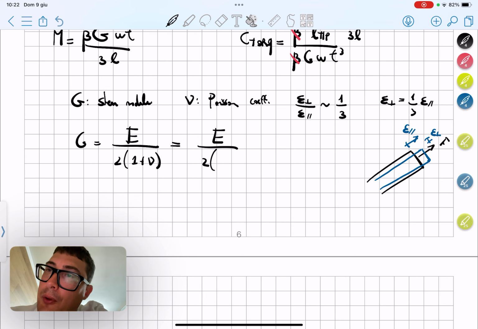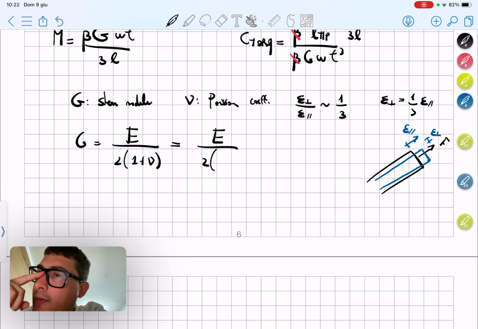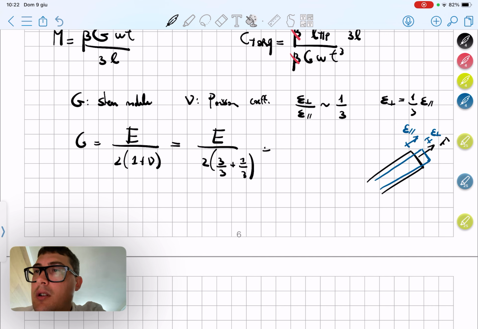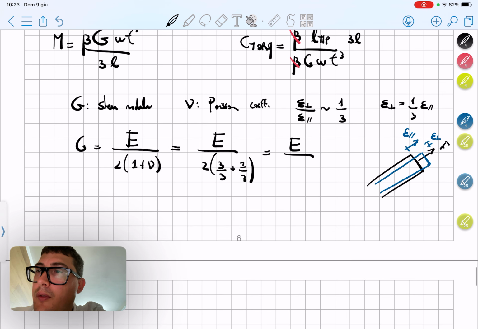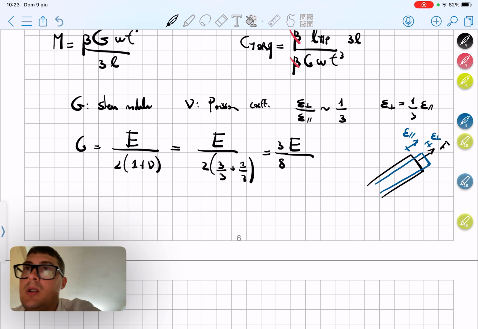So G is E divided by 2 times (1 plus 1/3). We said it's 1/3, so I have 3/3 plus 1/3, correct? So it's 4/3, times 2 is 8/3, so it's 3/8 E. I hope I get it right.